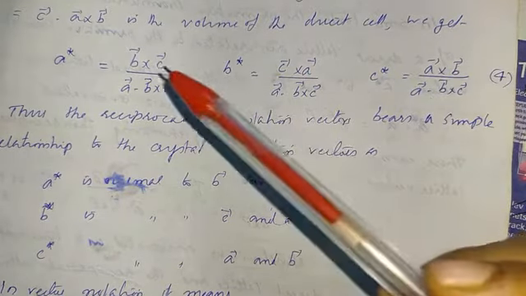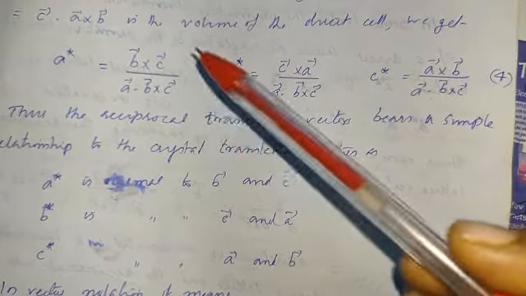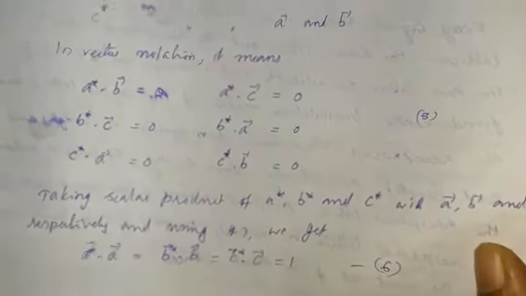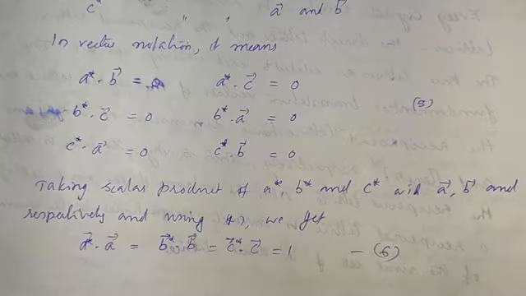So in all three cases the numerator and denominator will be equal, and the result will be 1. So we will get a dot a star equal to b dot b star equal to c dot c star equal to 1.